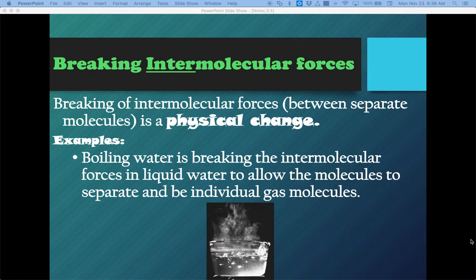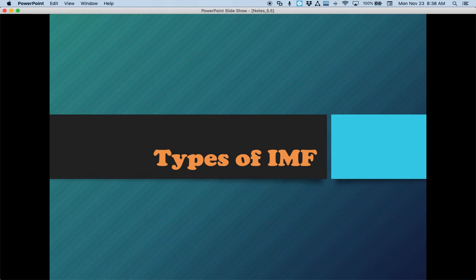If we're going to break water in half, we need to break the bonds holding the water together. For intermolecular forces, we just have to pull the water molecules away from each other, right? It's like separating magnets versus breaking the magnet into 1,000 different pieces. So it's a little bit easier to do.